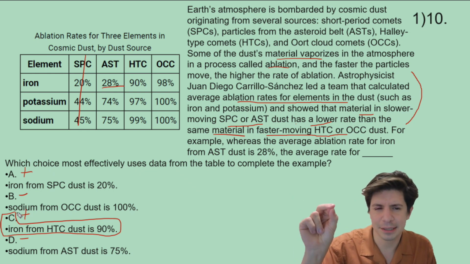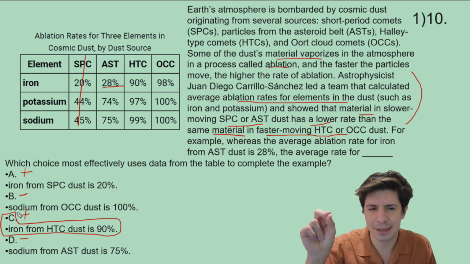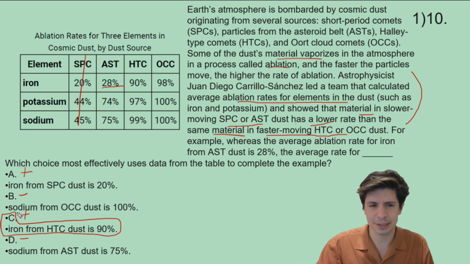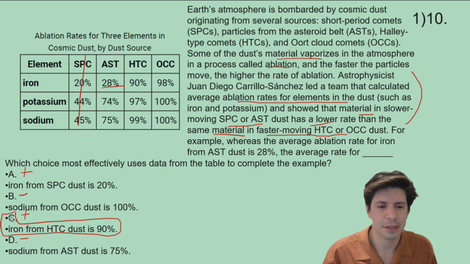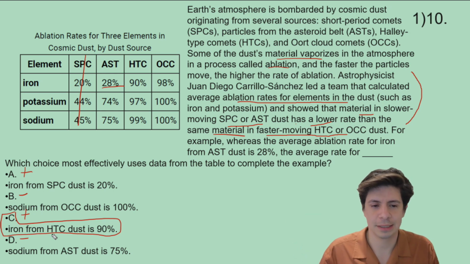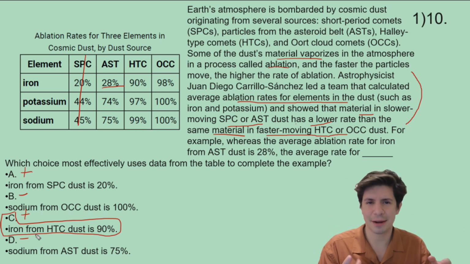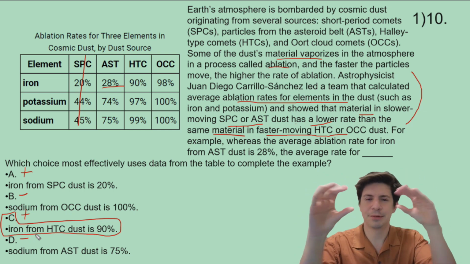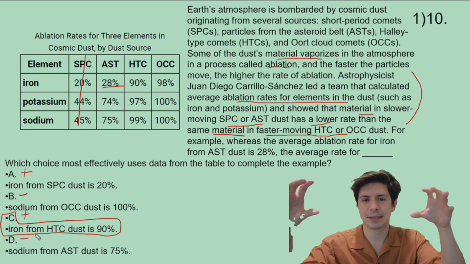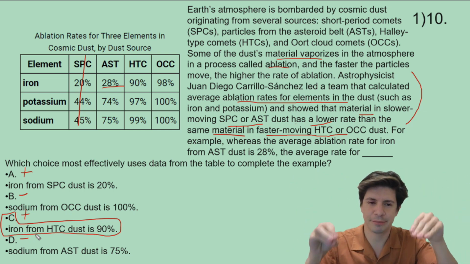So I already have AST, and I'm going to compare it to something fast like HTC or OCC, and I want to compare to iron. And then the only one that works for that is HTC iron, C. Okay, so it's this very incremental thing, right? It's almost mathematical. You take this big concept and you break it down. It's like a question that has multiple steps. You break it down bit by bit.